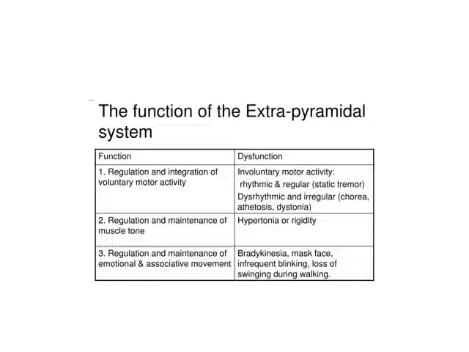The next function is regulation and maintenance of emotional and associative movements. If this function is impaired, we have bradykinesia, which is slowness of movement all over the body, masked face with no emotions, infrequent blinking of the eyes, loss of swinging during walking.